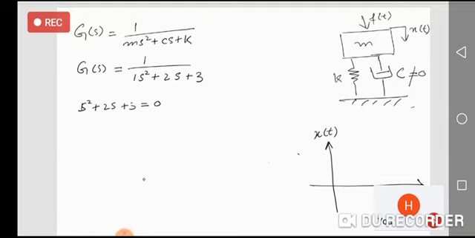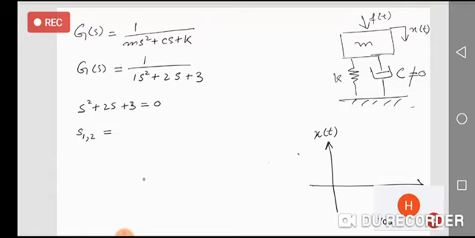Okay. So since it's a second order equation, you can see that s is raised to the power 2. Therefore, there will be 2 roots. It's a quadratic equation. Okay? And the 2 roots, we can write them s1 comma s2, meaning s1 and s2.